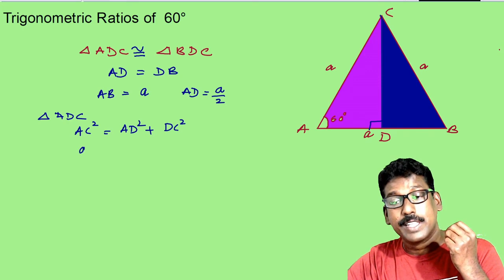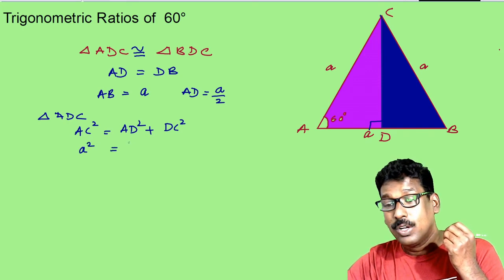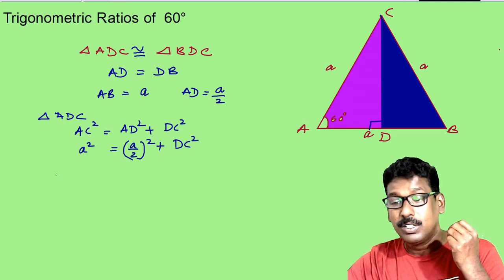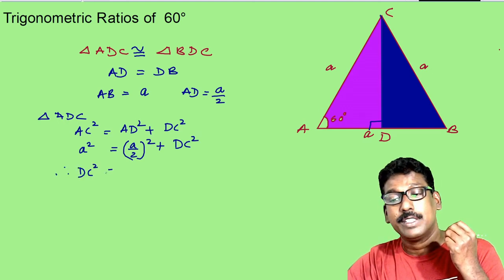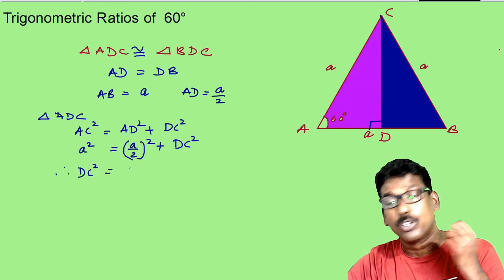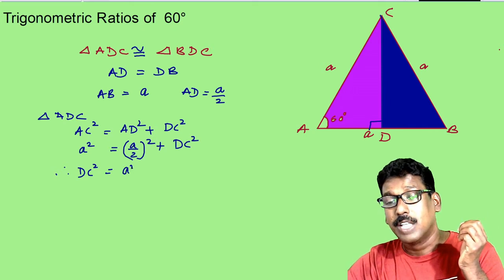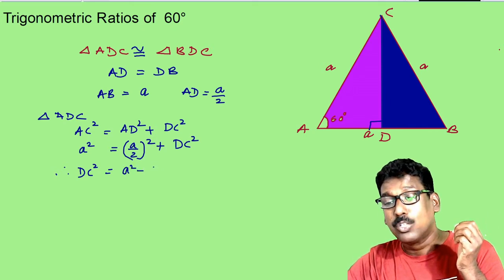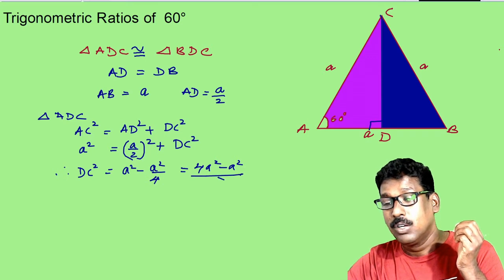AC square is a square, which is equal to AD square, you can write it as (a by 2) the whole square, plus DC square. Therefore, DC square is equal to, transposing (a by 2) whole square to the other side, a square minus (a by 2) whole square, which is a square minus a square by 4, which is equal to (4a square minus a square) all divided by 4.